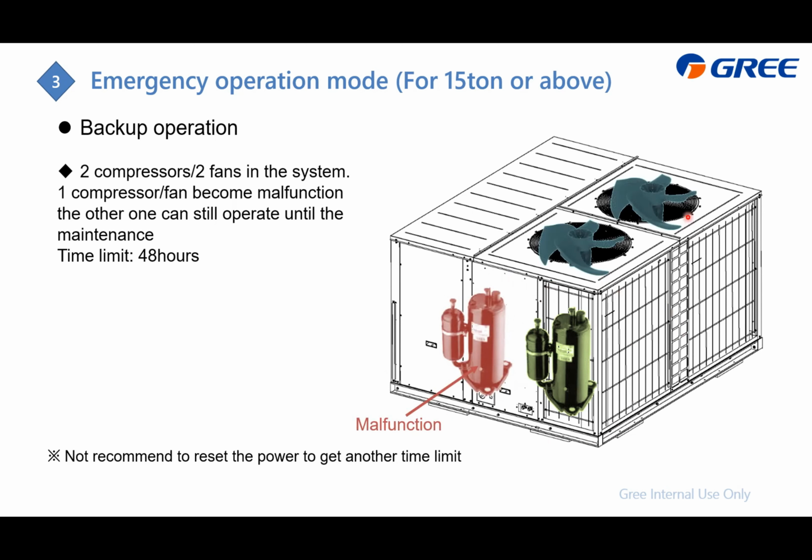And for the fans, if one malfunctions, the other one can still operate. The time limit is 48 hours, which means if the time reaches 48 hours, the system will lock down. And we do not recommend resetting the power to get another time limit.